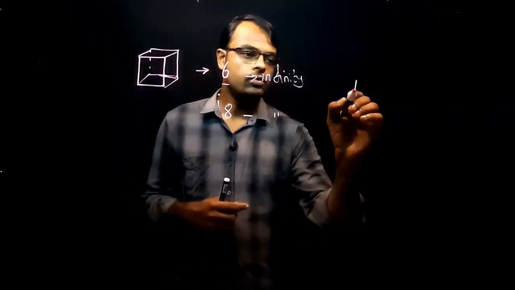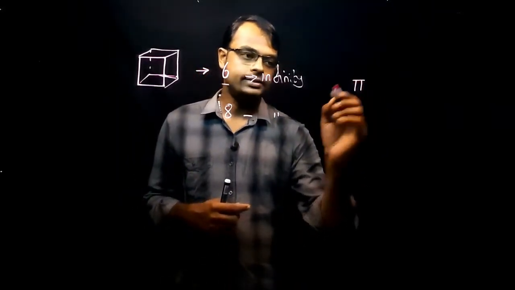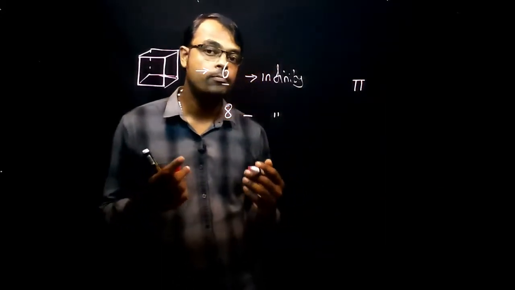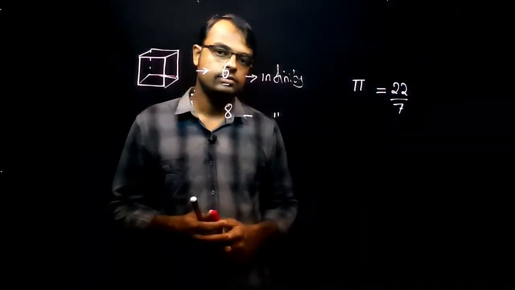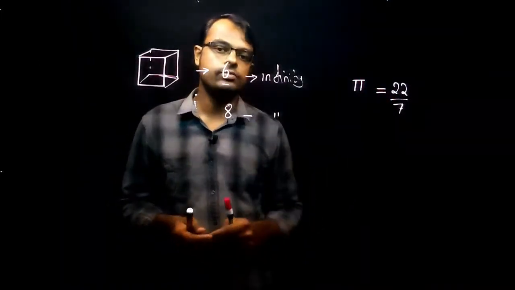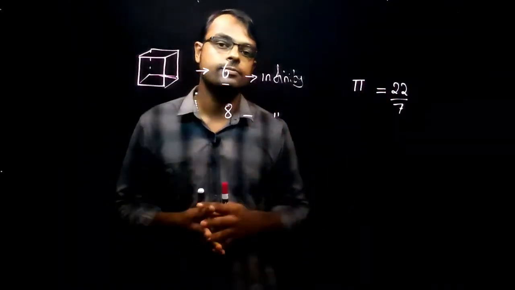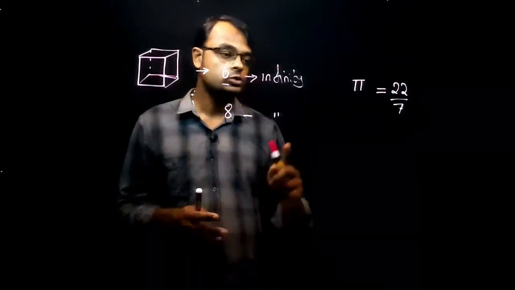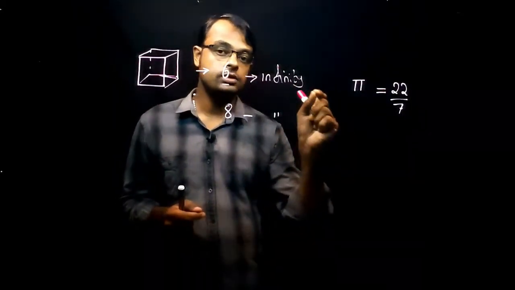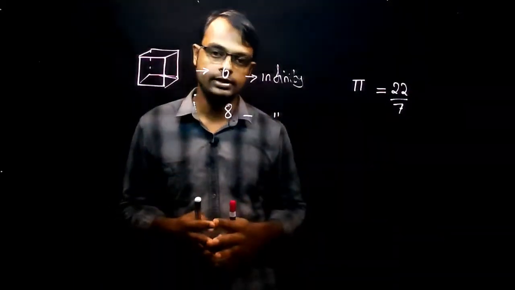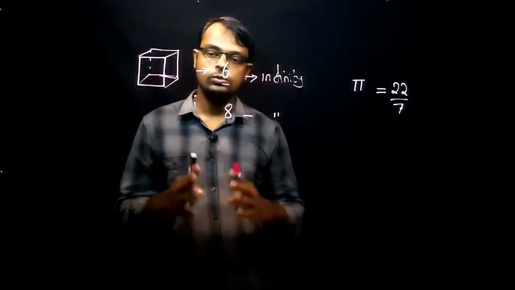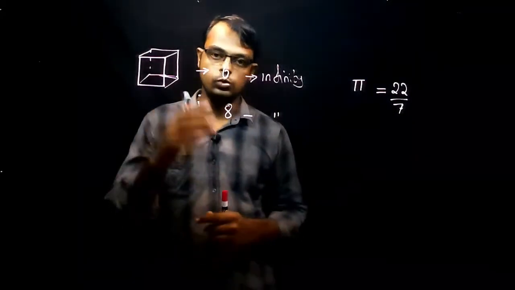What is the value of pi? The value of pi is equal to 22 by 7. Here 22 as well as 7 is an exact number. So we can say the number of significant figures in this value of pi is infinity. Clear? So these are the examples for this rule.